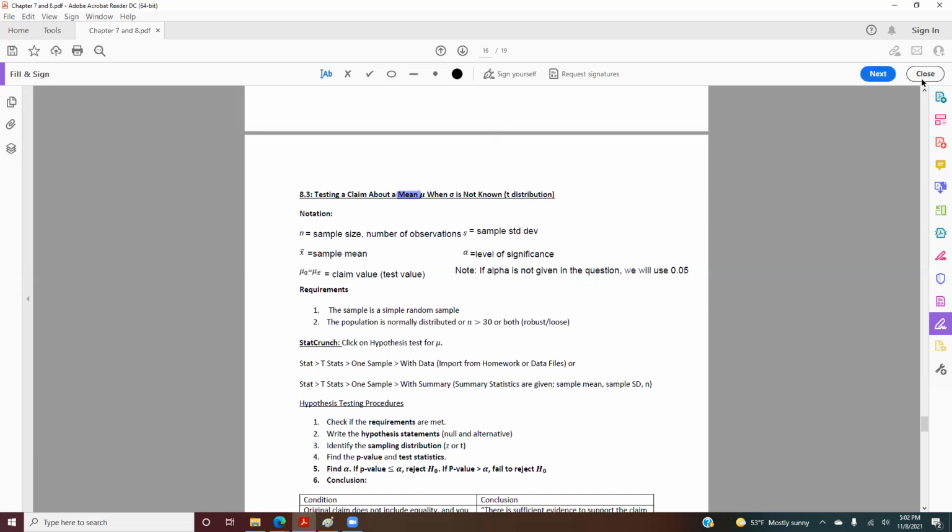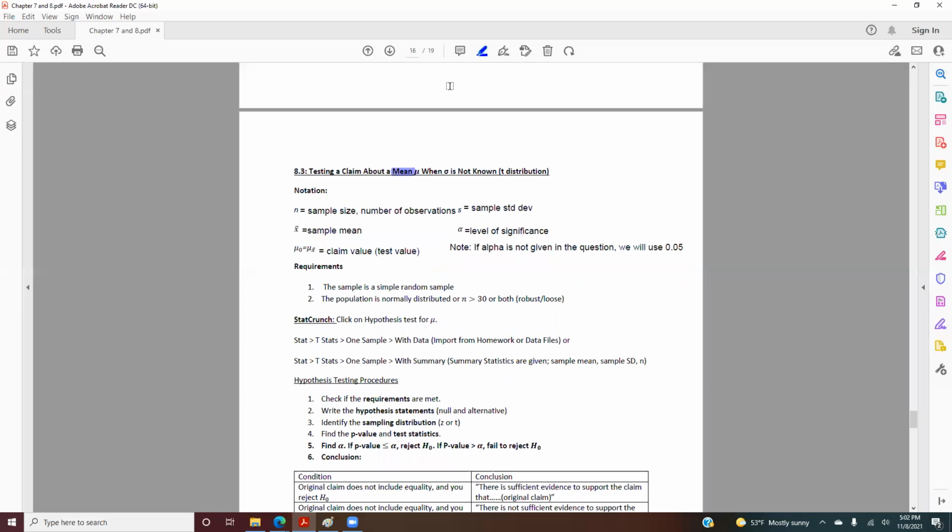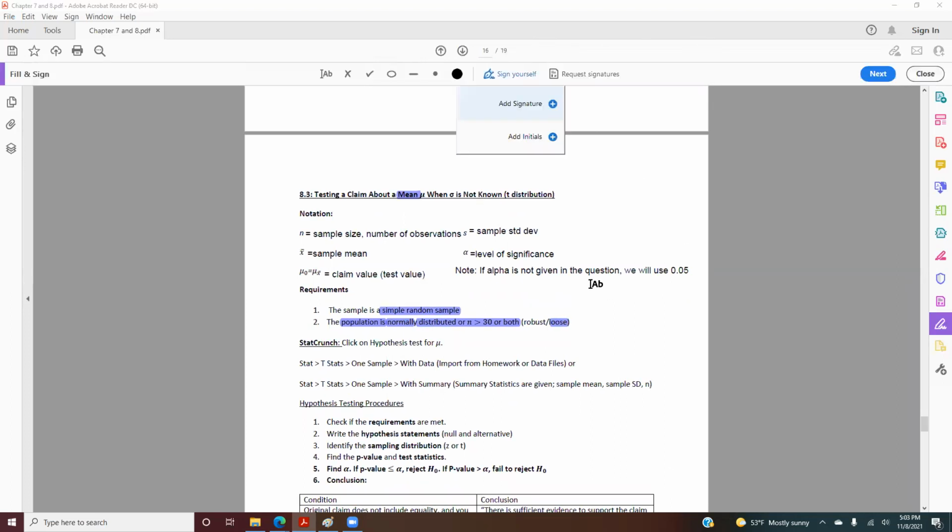Now there are only two requirements here. It has to be a simple random sample. Your population is normally distributed, or sample size is greater than 30, or both. This second requirement is loose. What does loose mean here?